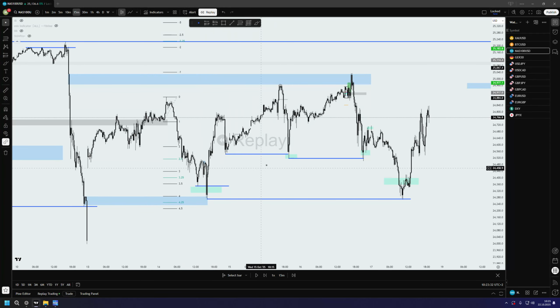We also swap this low, same thing here. Liquidity, some sort of level here, and react off it.